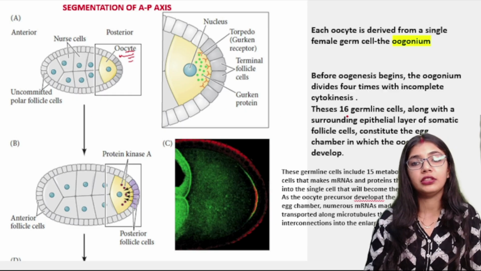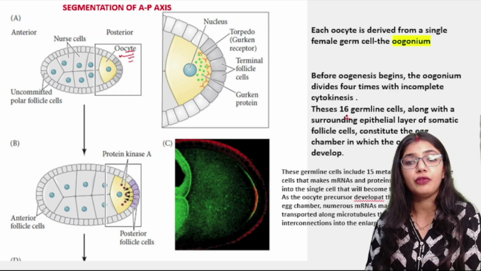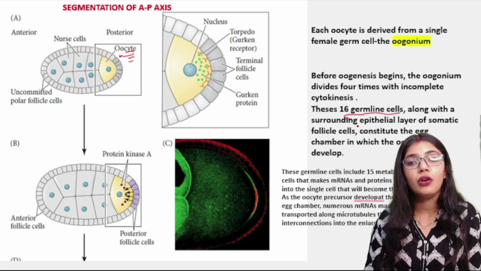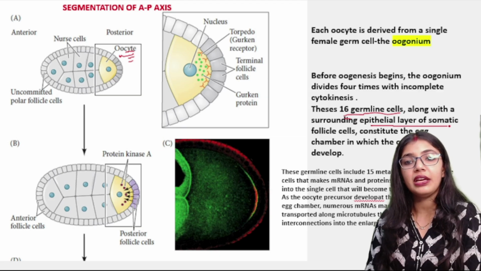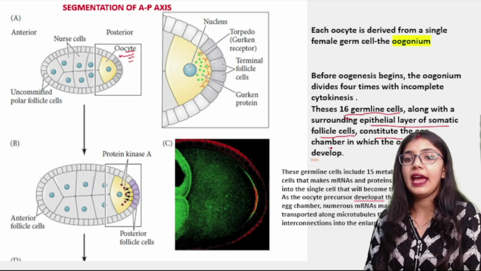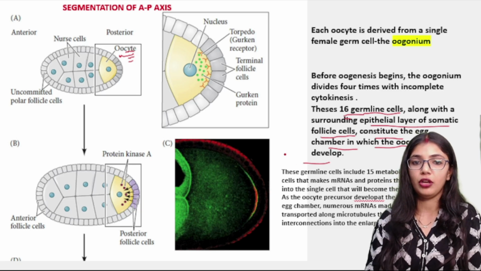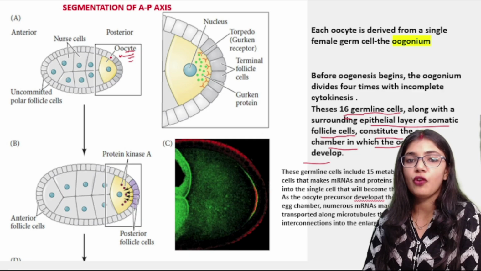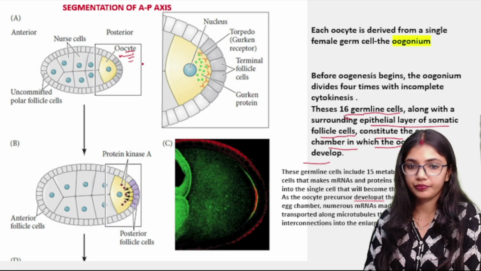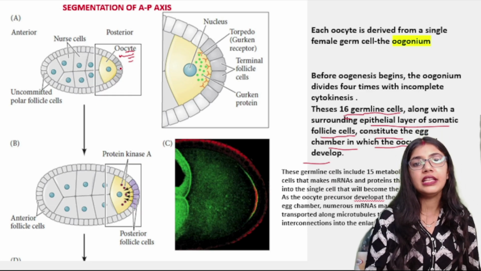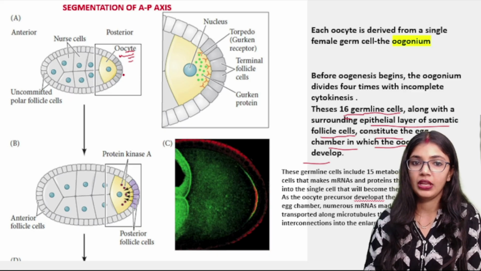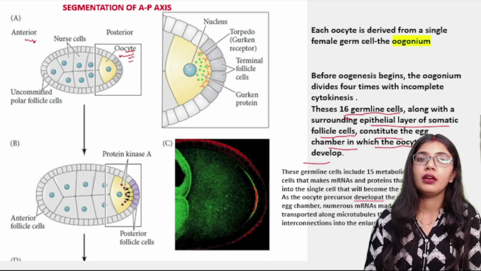After 4 divisions, it forms 16 germline cells, surrounded by an epithelial layer of somatic follicle cells constituting the egg chamber in which the oocyte will develop. This is the follicle cell where the oocyte will be developed, and this portion is near the posterior end, and the opposite end is the anterior end.